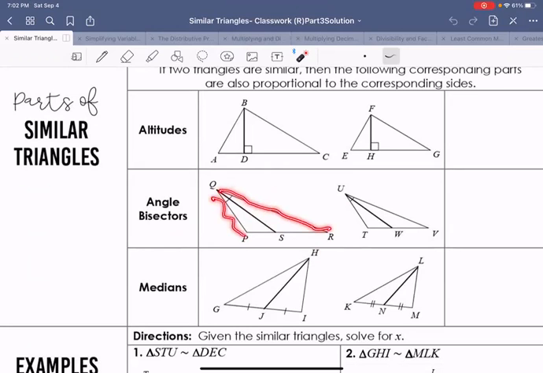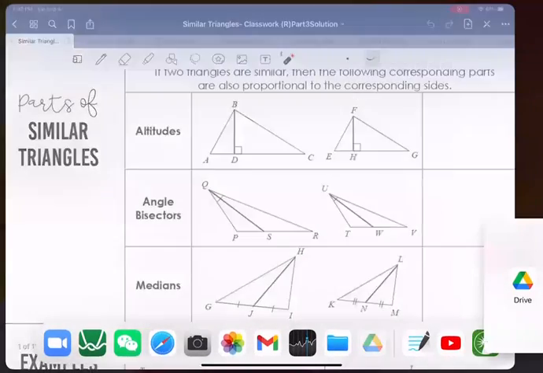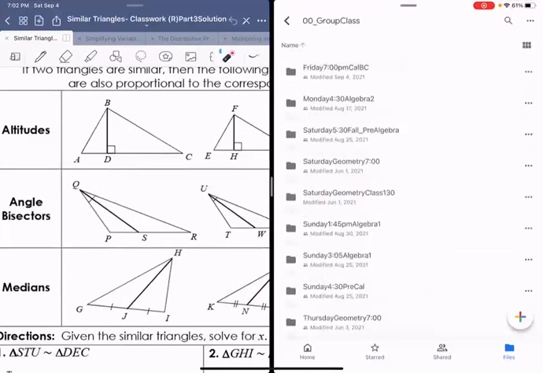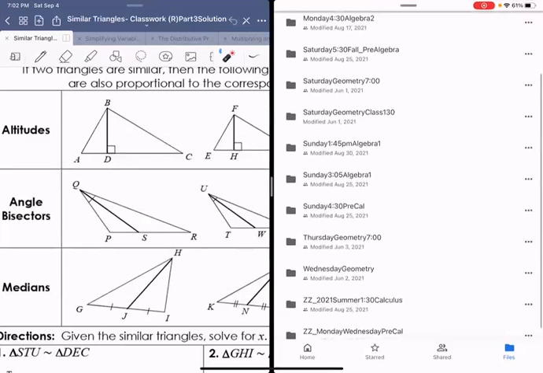This guy over this guy. We tried to prove this one previously using triangle similarity. I think we did this last week or maybe 2 weeks ago.